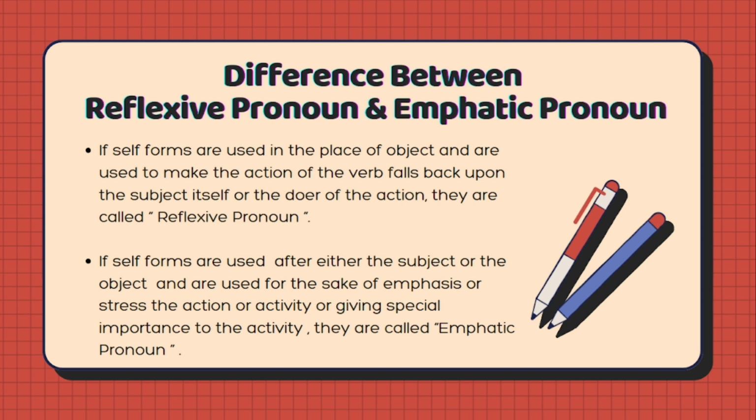If the self form is written in the place of the object, it means the self form is used to make the action of the verb fall back upon the subject itself. It means the self form is called a reflexive pronoun. Let me explain regarding this.